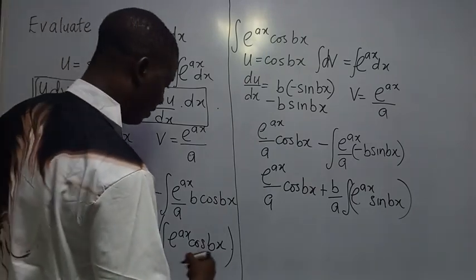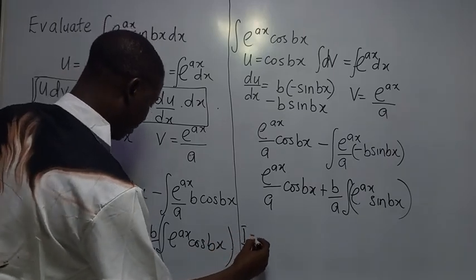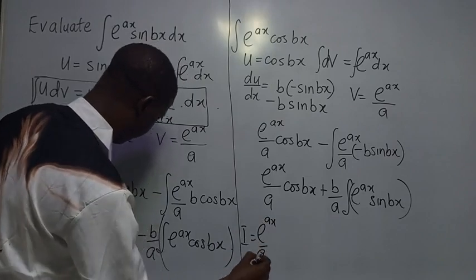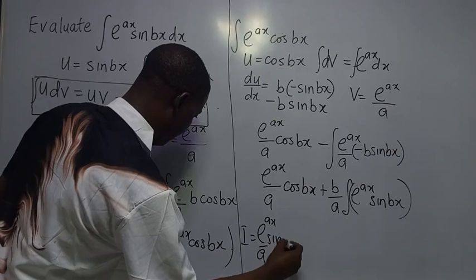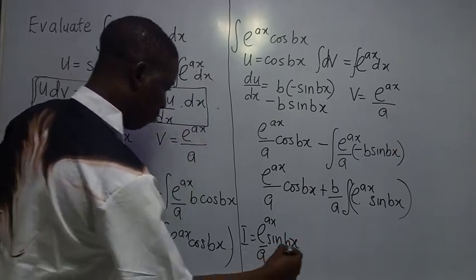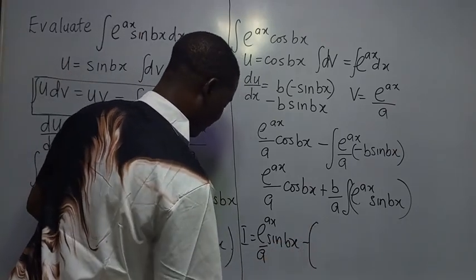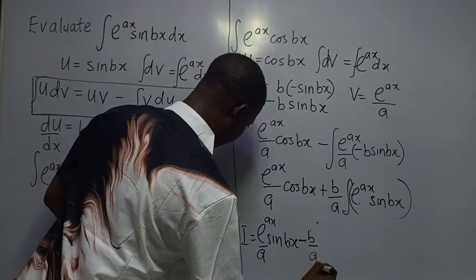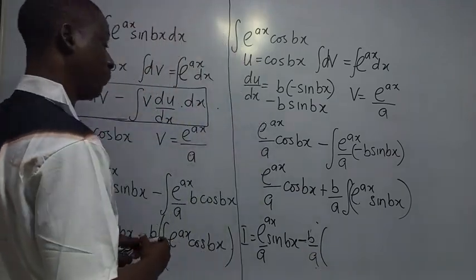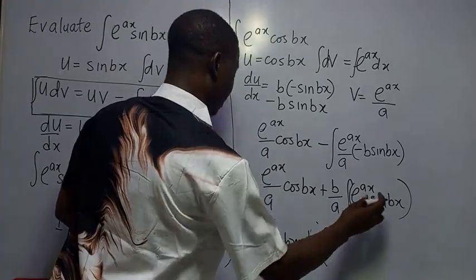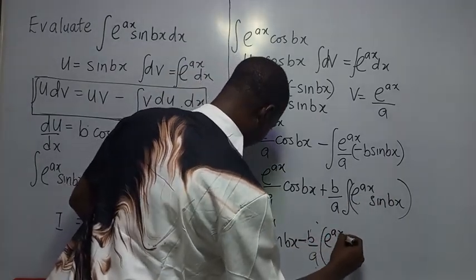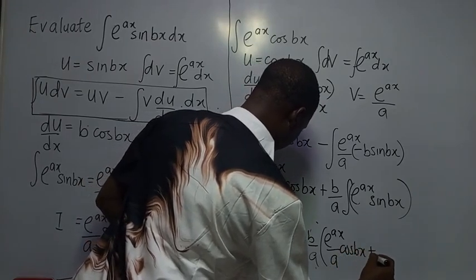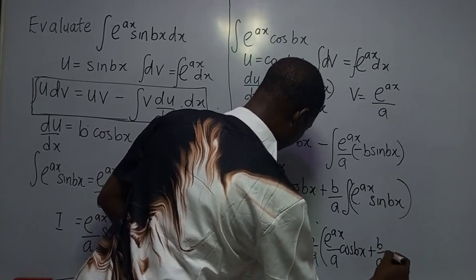So what we're going to have now: I, which is this, equals e raised to power ax over a sine bx minus b over a into bracket, all this will be repeated. Now replace them with I. So e raised to power ax over a cos bx plus b over a I.